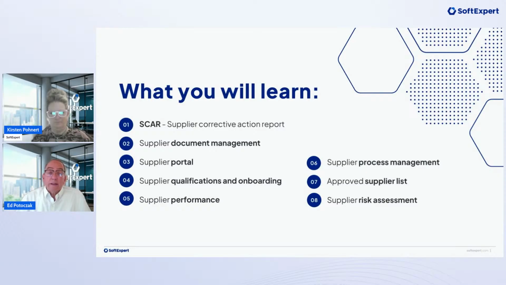Who can I go get this or that from that's already approved? And then finally, risk assessment. Very important. We want to know whether there's a storm brewing on the horizon with the supplier, and having the information, the metrics available can be very helpful. So that's what we'll cover today, Kirsten.